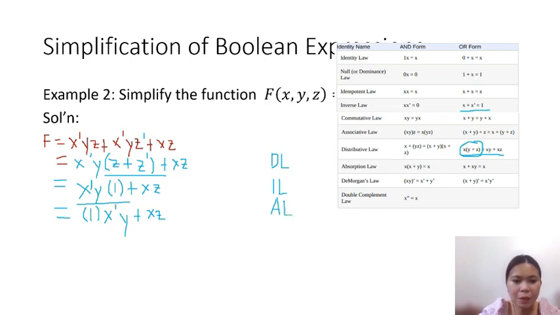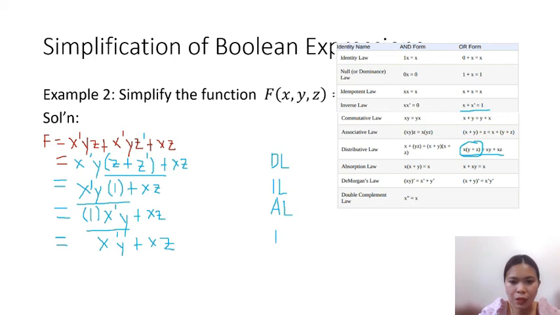And then let's apply next the identity law here in this expression. So the result of this is not x, y plus x, z. So the rule or the identity that we use is identity law.